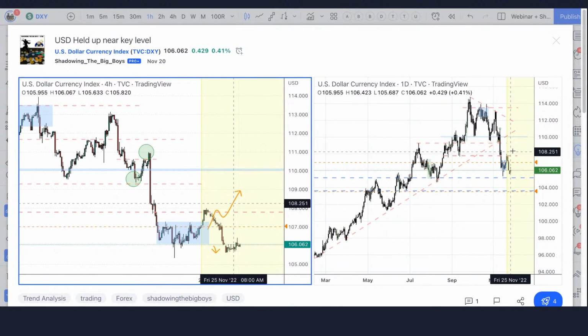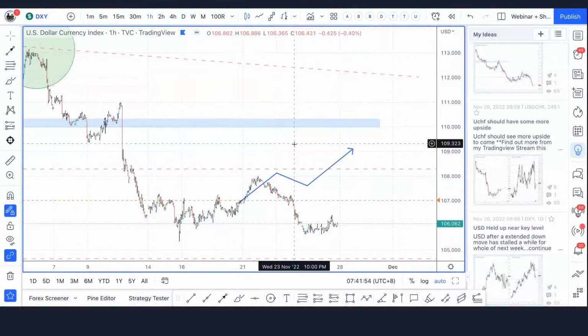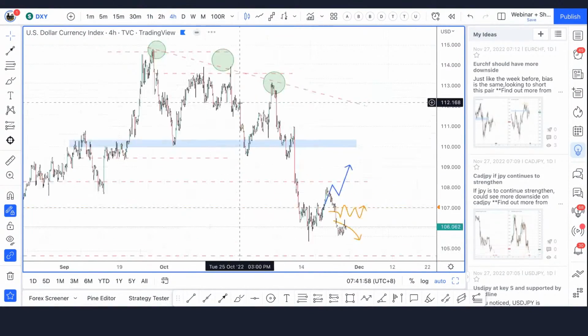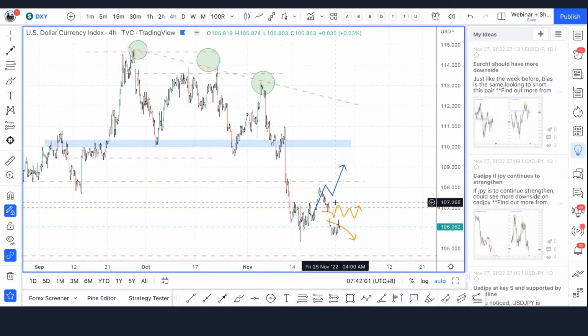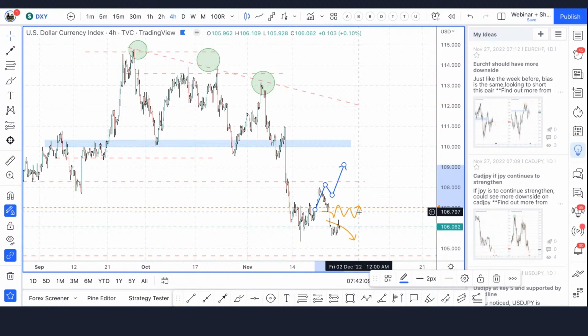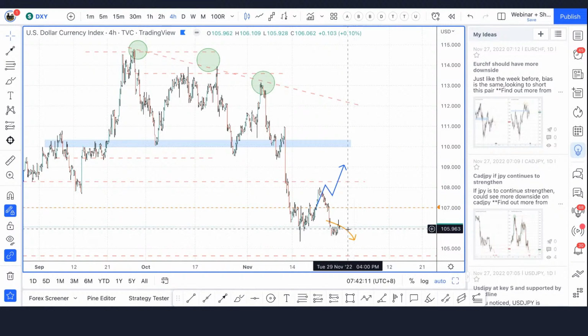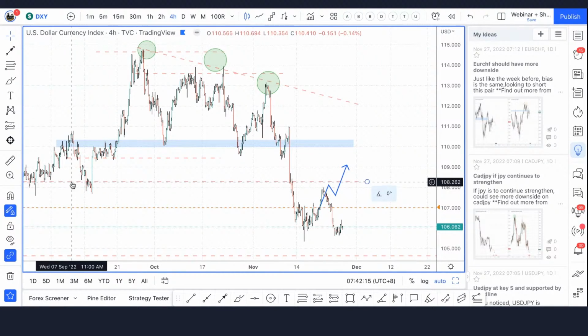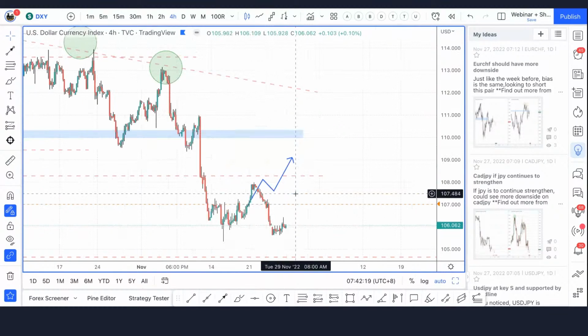If we look at the chart itself, you can see this was the blue line that I drew last week. At pretty much this particular area, USD was not able to push up further.